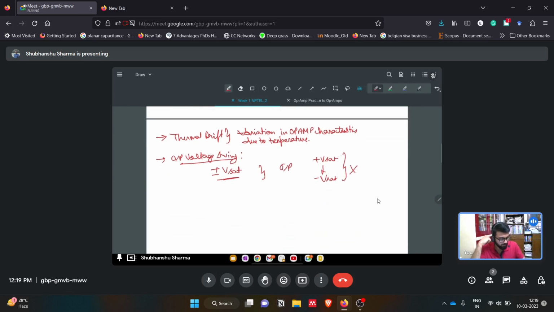Instead it varies from plus V set minus some swing voltage, to minus V set plus V swing. So it varies between this. This is real, practical behavior.